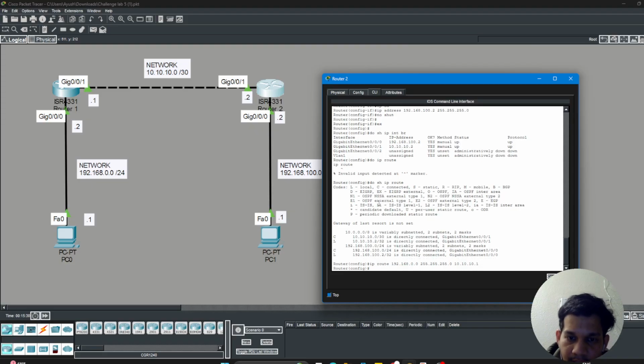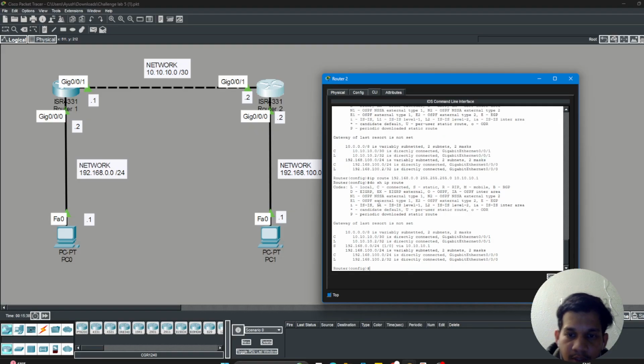Then let's check the routing table with show ip route. As you can see, a static route has been configured to reach the network 192.168.0.0, and if any packet comes for this network, the router will just hop the packet to the next hop, which is the interface G0/1 of router 1.